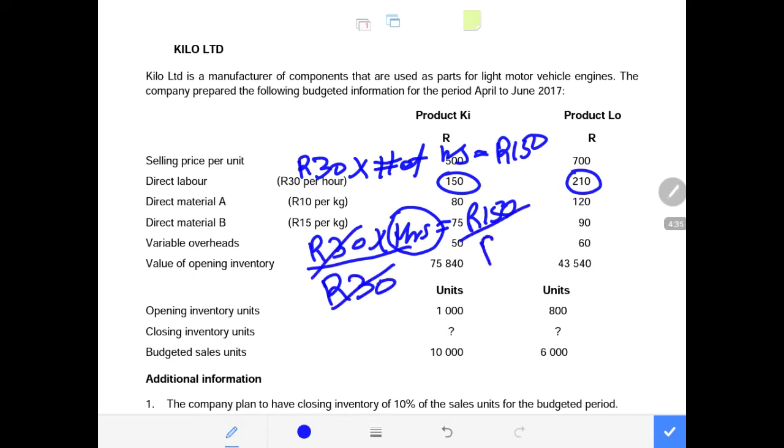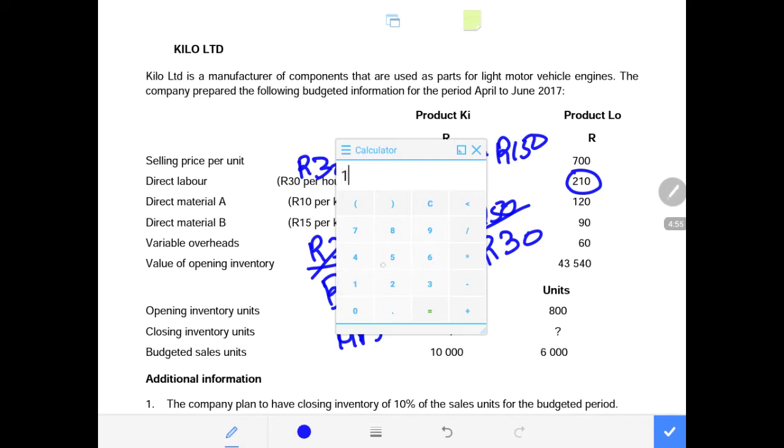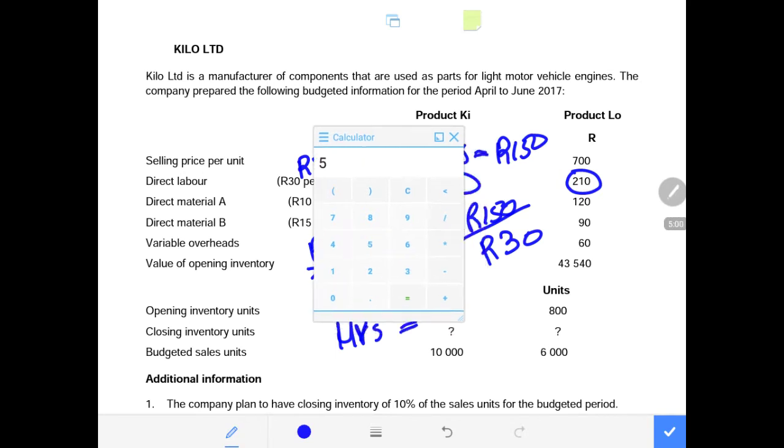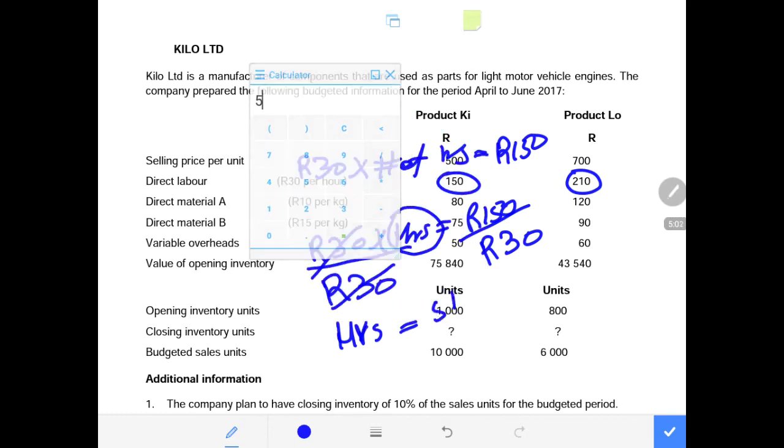For every debit entry there is a credit entry, that is what accounting has taught me. Science will tell you that for every action there is a reaction in an opposite direction. Maths will tell you that whatever you do on the left hand side, you must do on the right hand side. Therefore, 150 Rand per unit divided by 30 Rand, the rate of labor per hour, tells us that it takes 5 hours of direct labor to complete 1 unit of product KI.